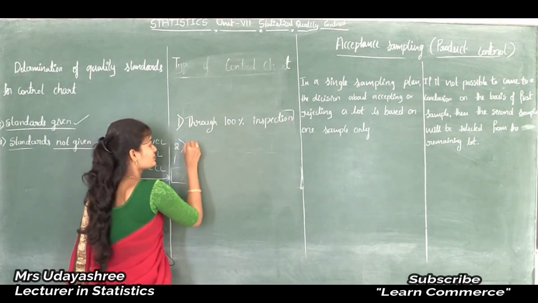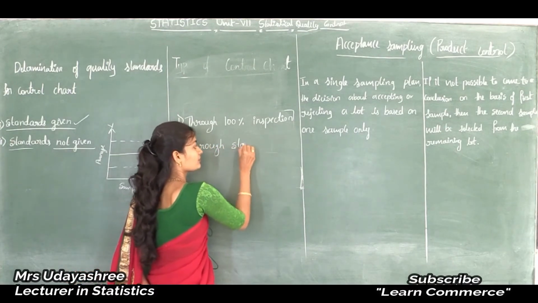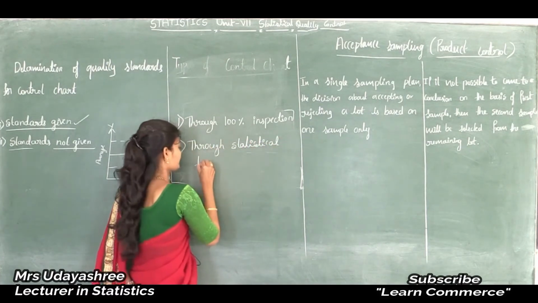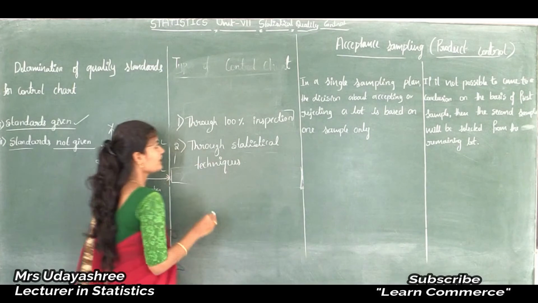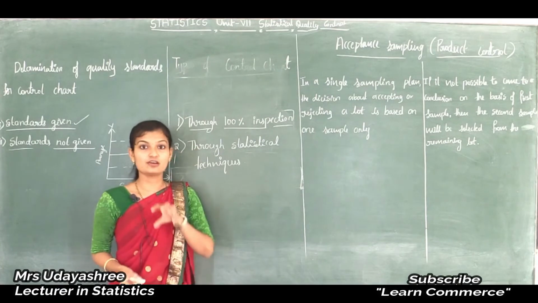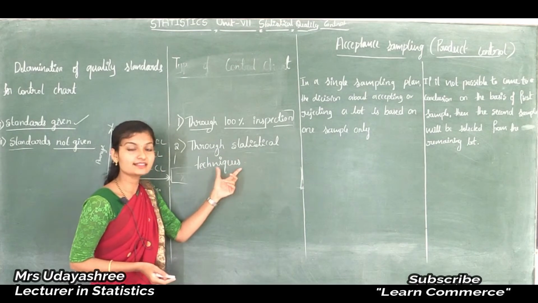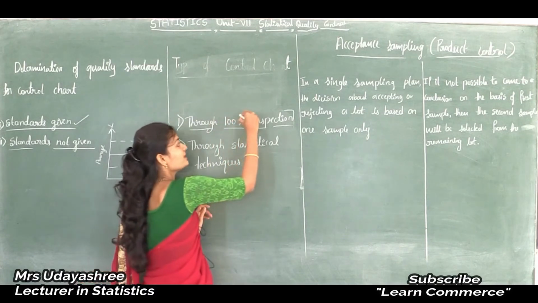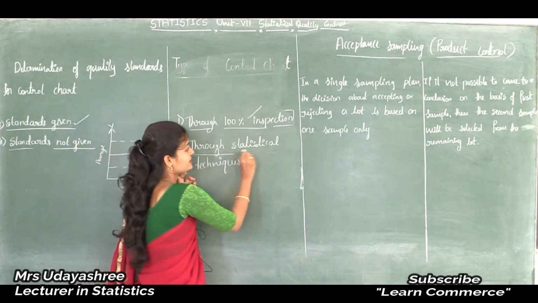Another one is through statistical techniques. Through 100% inspection, each and every item of the manufactured lot will be inspected. Through statistical techniques, we use statistical quality control methods. 100% inspection is expensive, therefore we can adopt statistical techniques.